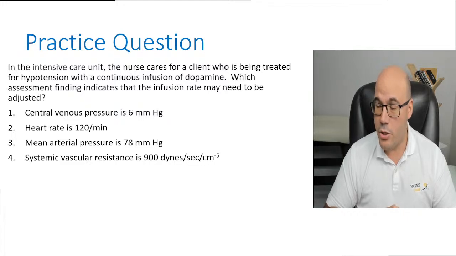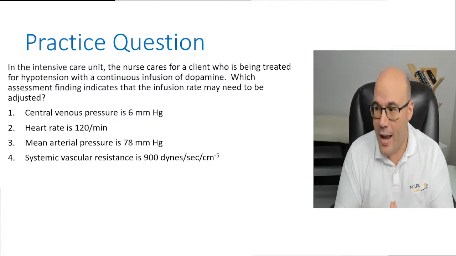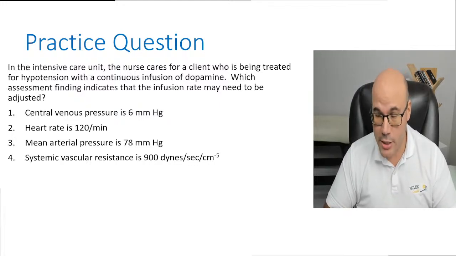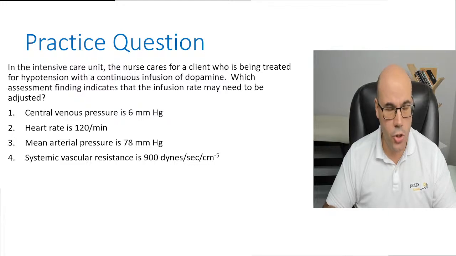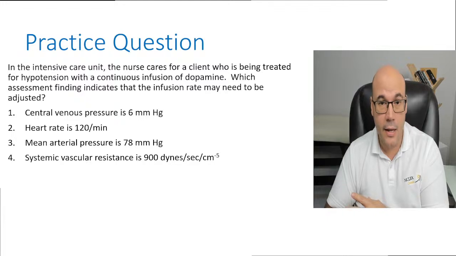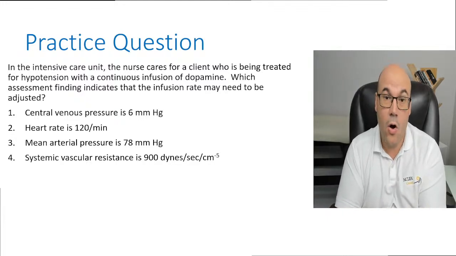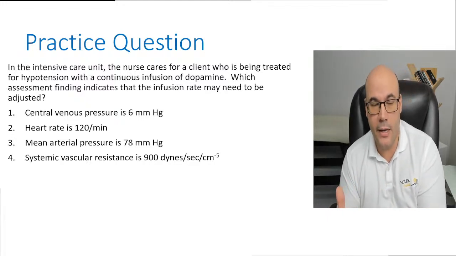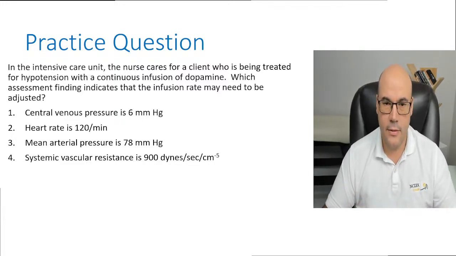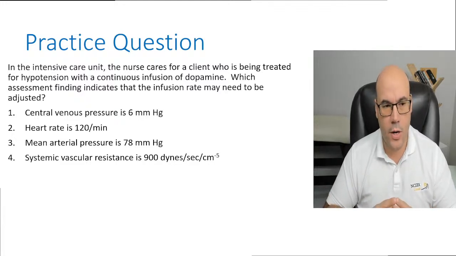Because if the question says which finding indicates that the medication needs to be adjusted, usually either the medication is being subtherapeutic and we have to increase the rate, or the medication is being toxic to the patient and we're seeing adverse effects. That is usually how these questions are presented, and I will give you the answer to this question at the end of today's training.